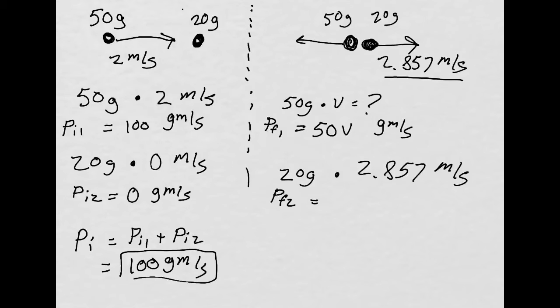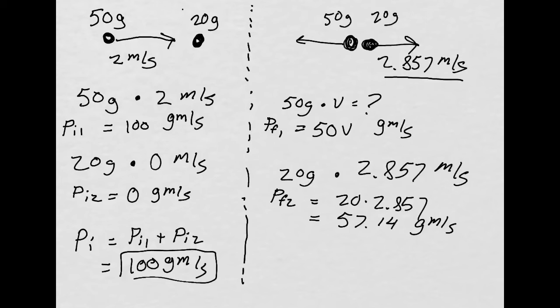P final 2 is equal to 20 times 2.857, which if we plug into our calculator, we get the final momentum of the second one is 57.14 gram meters per second. So, keep our dotted line. P final is equal to P final 1 plus P final 2. So that is equal to 50V plus 57.14.